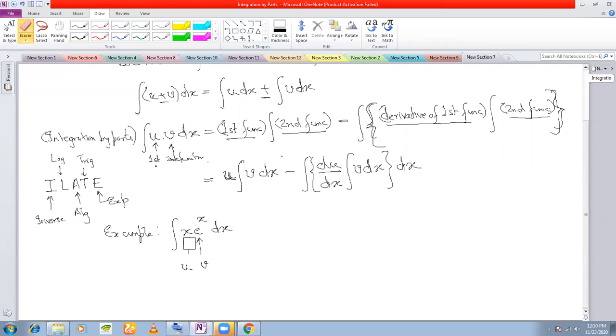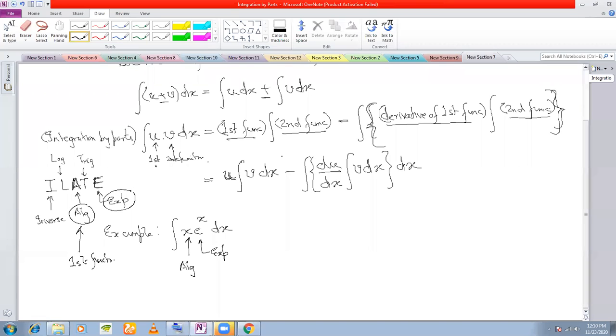Okay, now in this example that I have given you, x e to the power of x, you have this as an algebraic function and this as an exponential function. So this is a product of algebraic and exponential function. Now if you see, exponential function is here and algebraic function is here, and A comes before E, right? Since A comes before E, therefore this will be our first function.